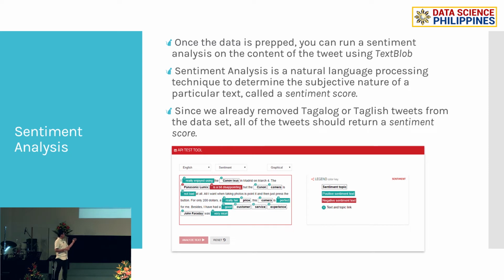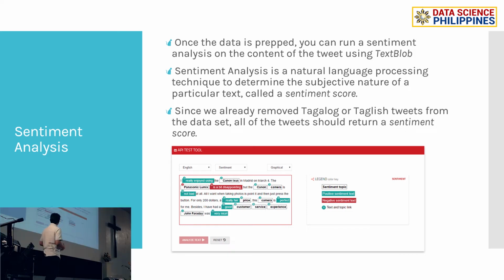Alright, since we already removed all the Tagalog and Taglish tweets from the dataset, all of the tweets should return a valid sentiment. So this is an example of a sentiment analysis visualized. You have a particular paragraph, and then all of the different blue lines are actually text blobs that were considered to be of a positive sentiment.